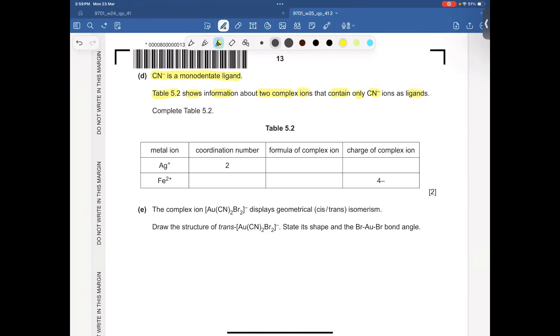When we have silver ion and when we have cyanide ions, the formula of the complex ion would be Ag(CN)2. Since coordination number is 2, which means two dative bonds are formed, so I'm going to use two cyanide ligands. And to get the +1 oxidation state of silver ion, I need to mention -1 here, okay? So charge is basically -1.